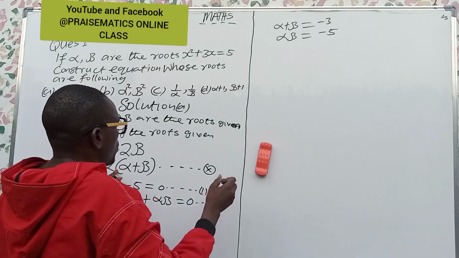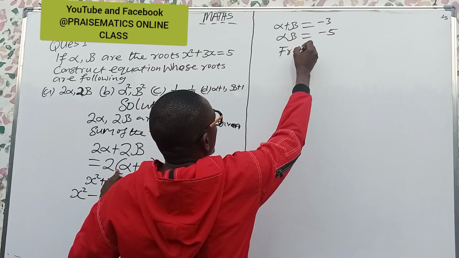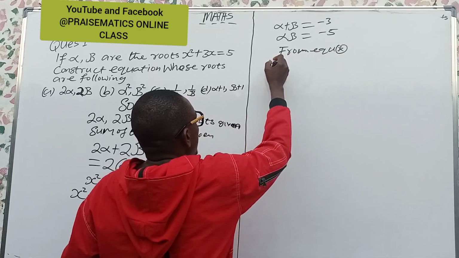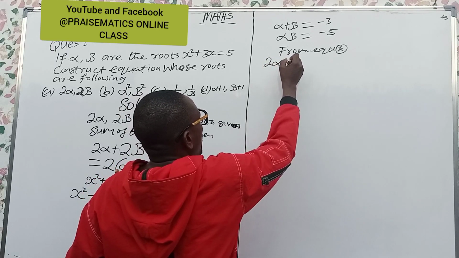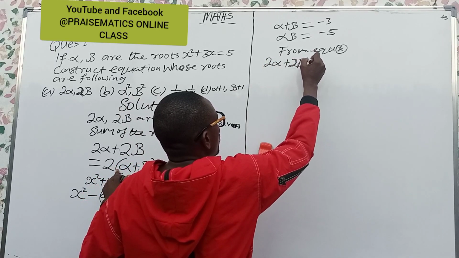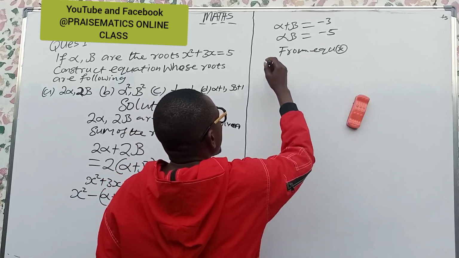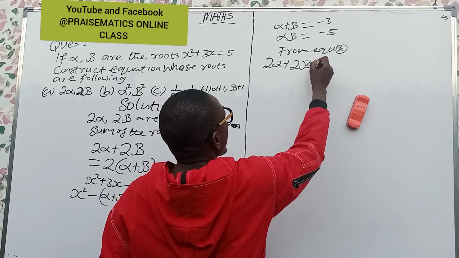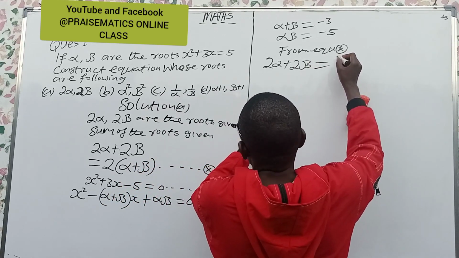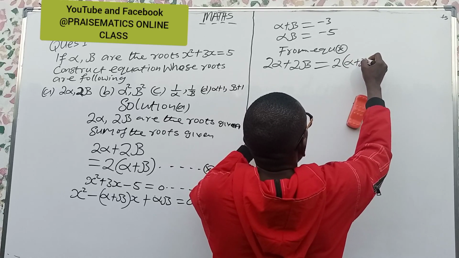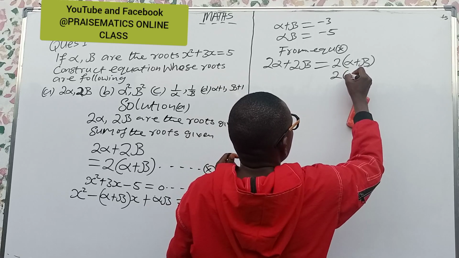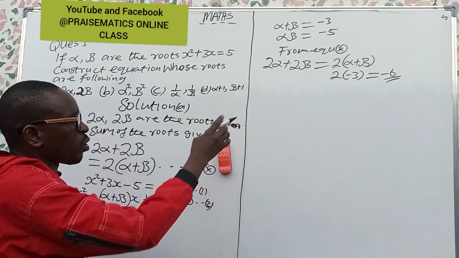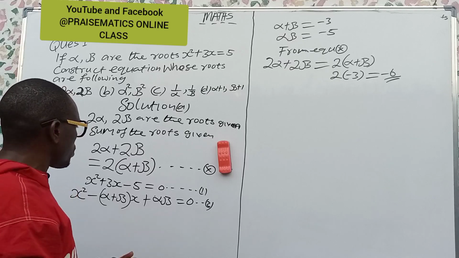From equation x, 2 alpha plus 2 beta is equal to 2 into alpha plus beta, which is 2 into minus 3, which will give us minus 6. That is the sum of the given roots.